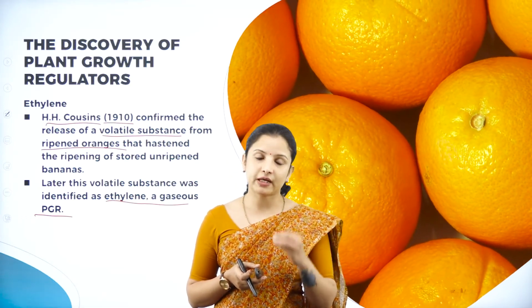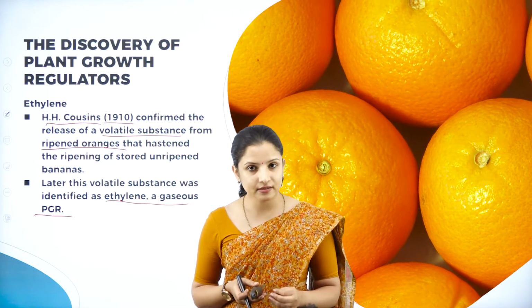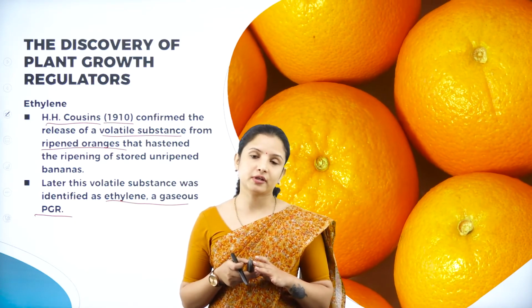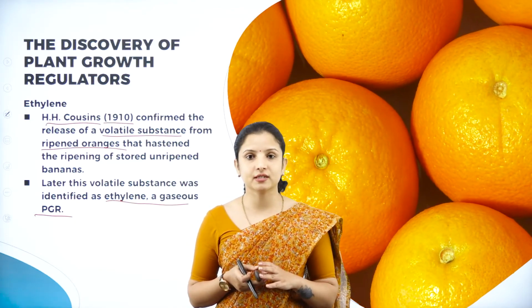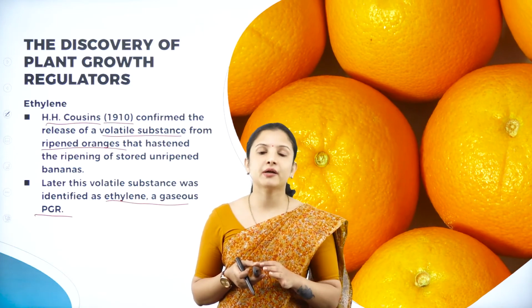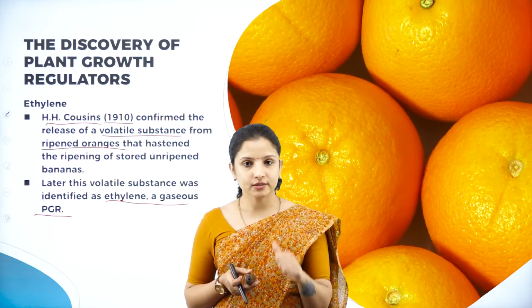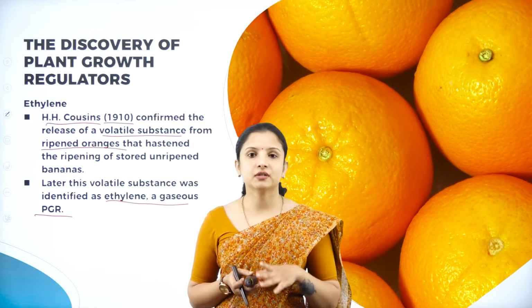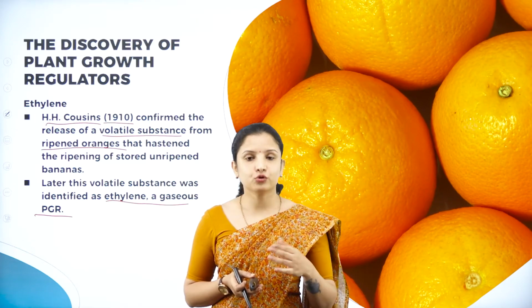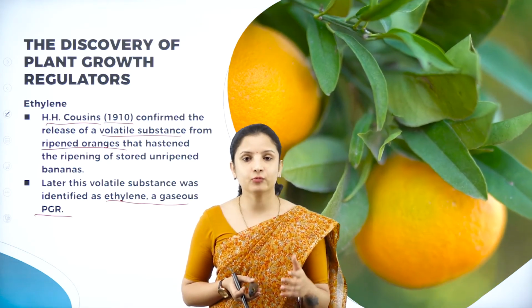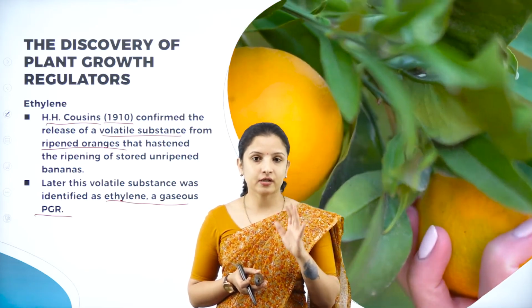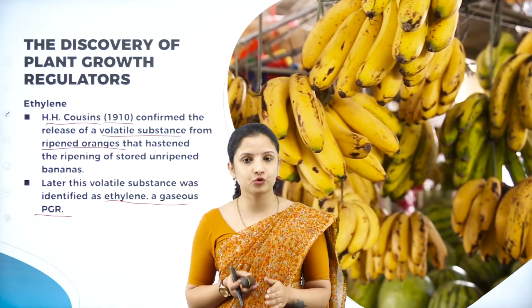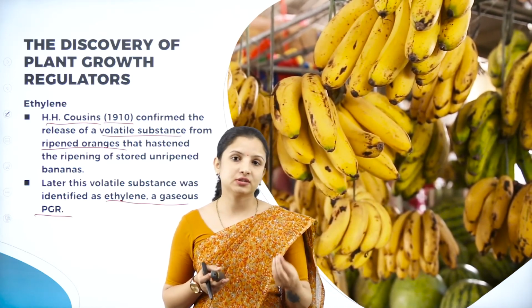We talked about the plant growth regulators in general, their characteristics, and what led to their discovery: how the group 1 plant growth regulators such as auxin, gibberellin and cytokinin were discovered, how the group 2 regulator abscisic acid was discovered, and how ethylene, the gaseous plant growth regulator that belongs to neither group 1 nor group 2, was discovered.